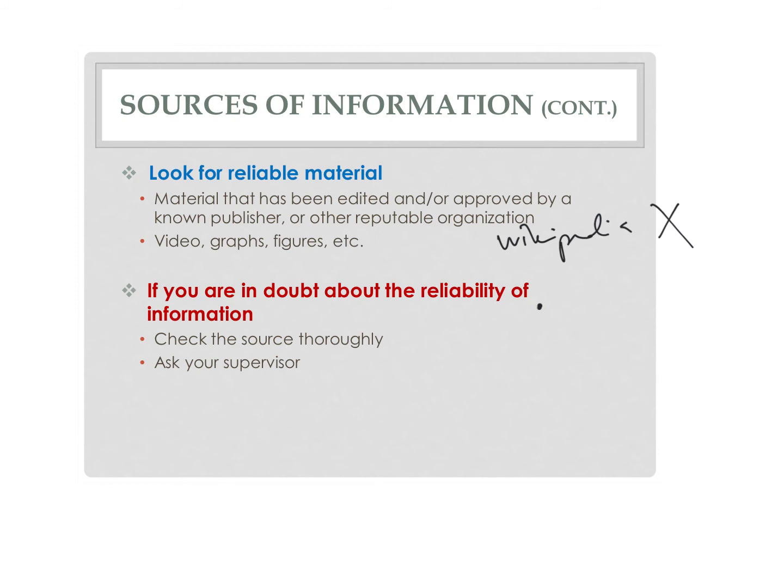Okay. So kalau nak letak, you kena cari orang tu, kena tahu the author, who is the author. Okay, kalau you tengok ada satu artikel tu, tengok macam related, and terus nama artikel, search dulu who is the author. Author tu siapa? Okay. If you are in doubt the reliability of the information, check the source thoroughly and ask your supervisor.